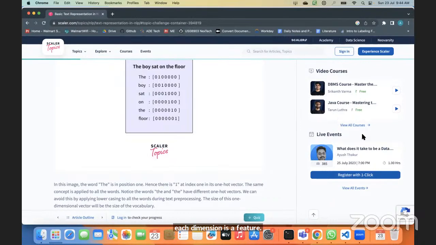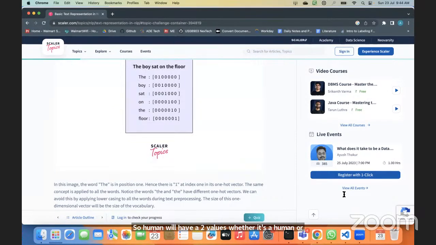Let's say we have features like human and gender. Human will have two values, whether it's a human or not, so it will be 0 or 1.